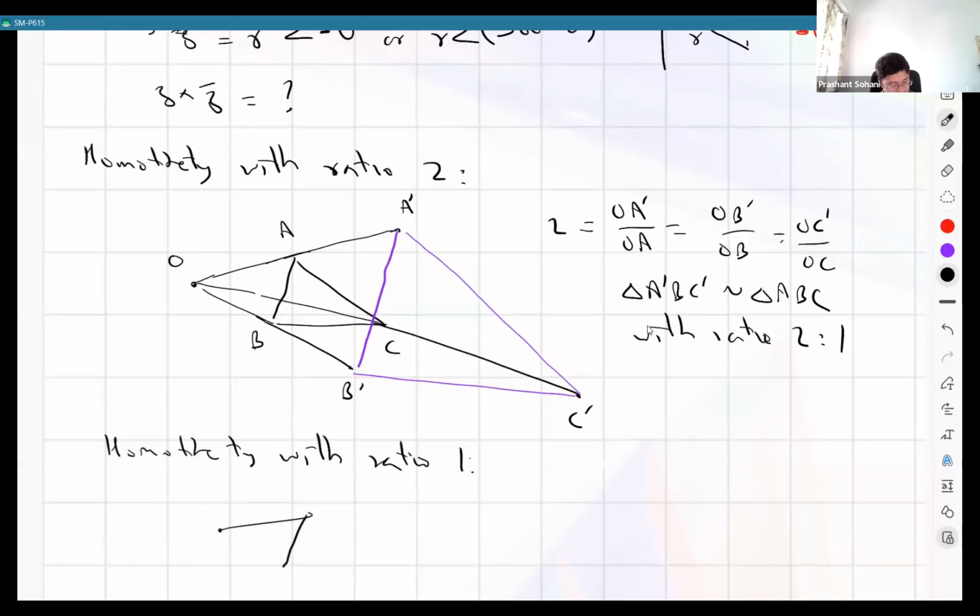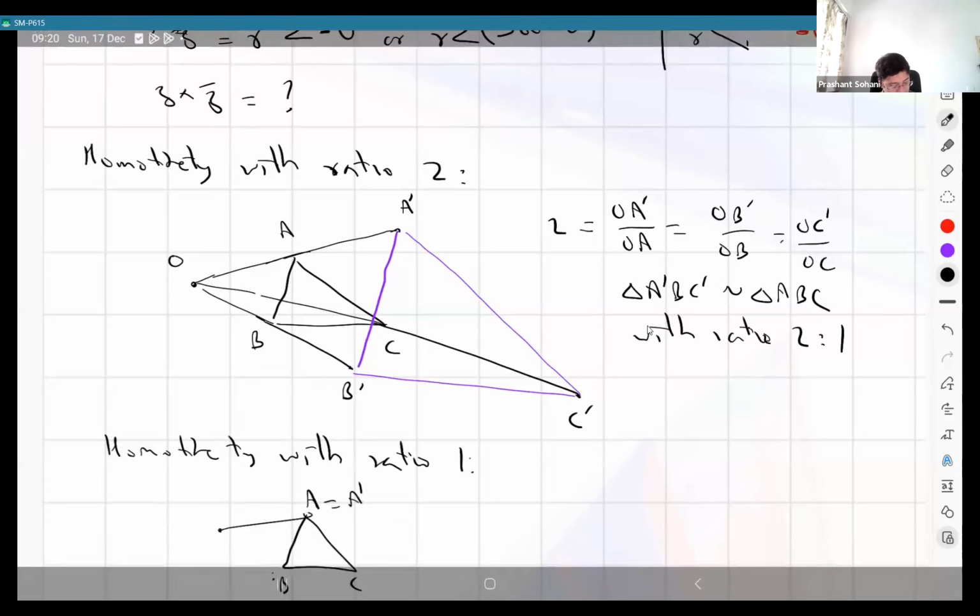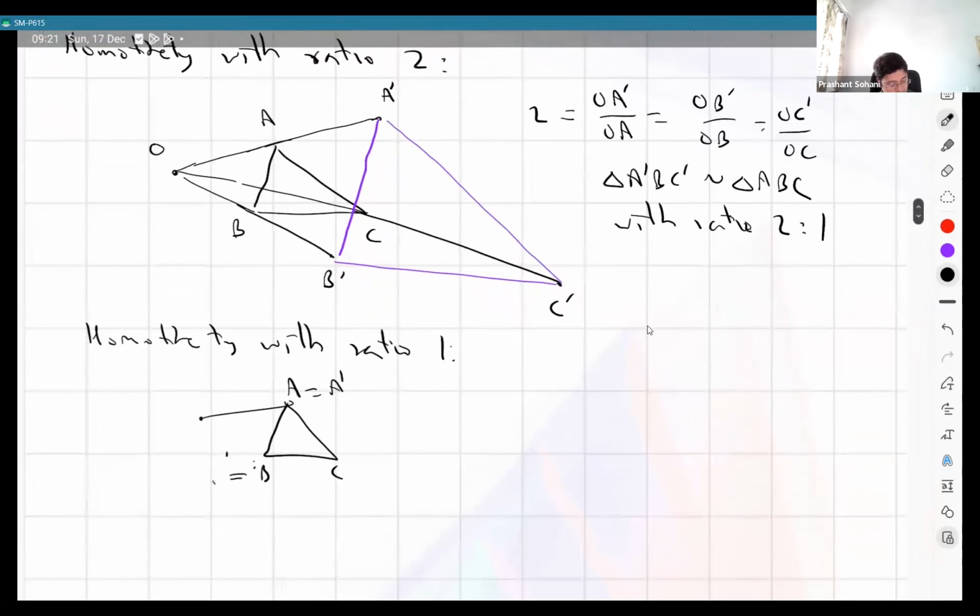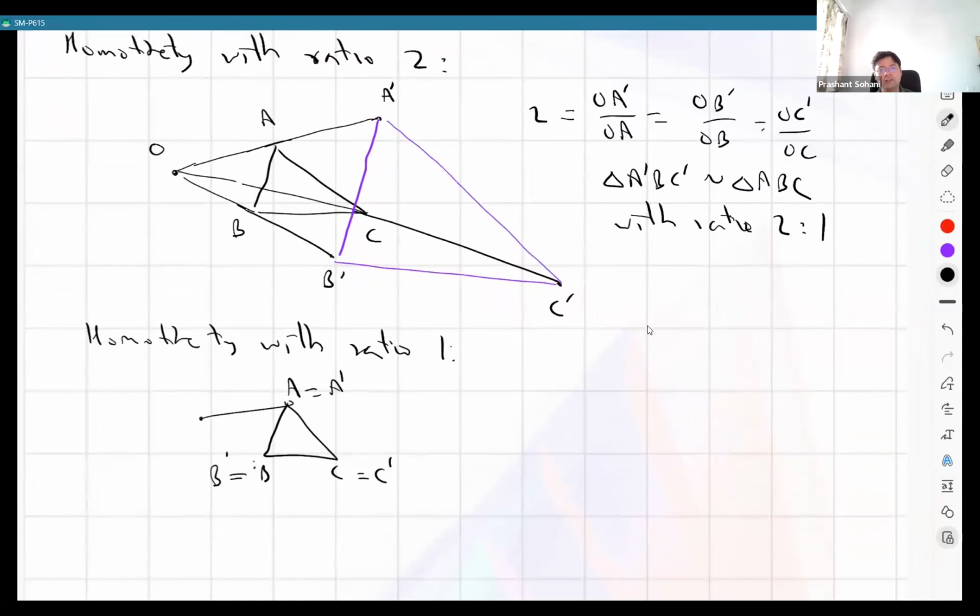ABC will be the same as A dash, B dash, C dash. It will do nothing. You can compare it to rotation with angle 0, which does nothing, or translation with a vector of length 0, which does nothing. So this is a trivial case. If that ratio k is 1, then this will happen.